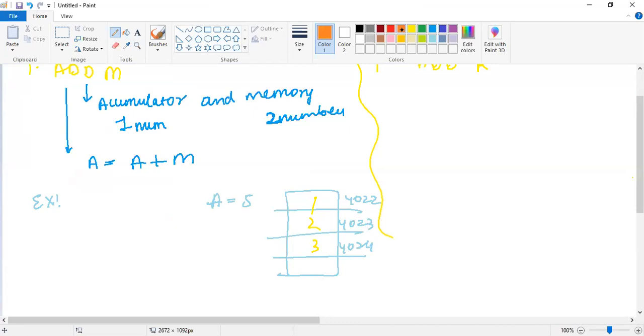If we write ADD M, M means memory location, so we have to write the memory location now. Let it be 4023. This means A equals A plus the content of 4023.